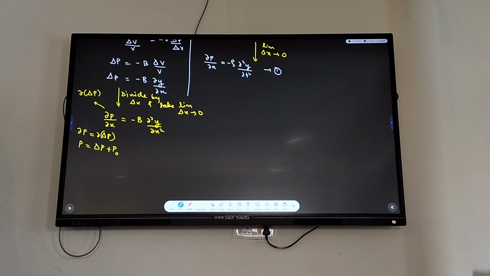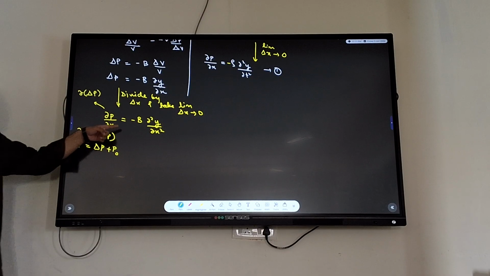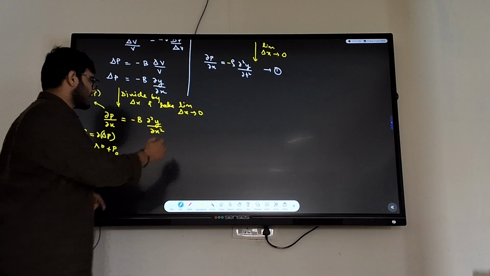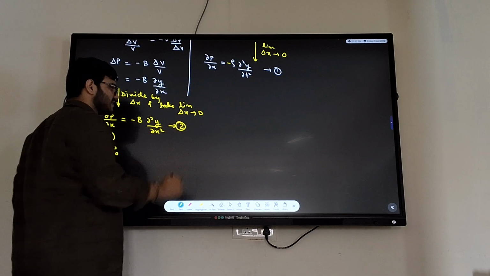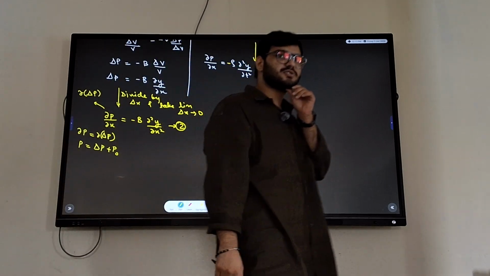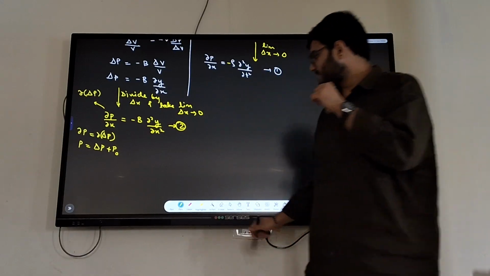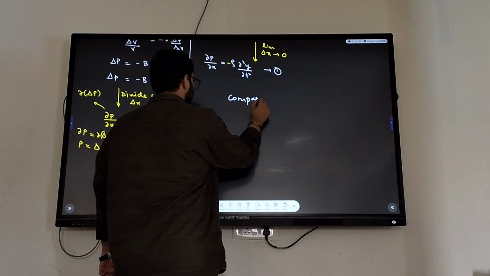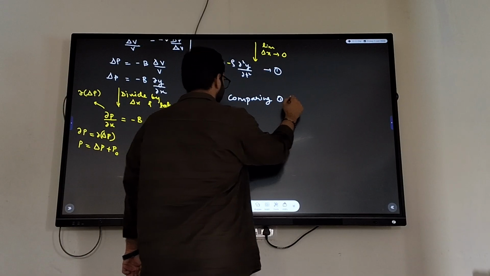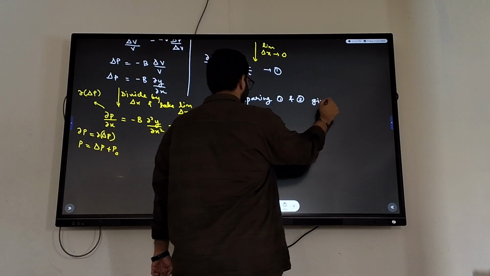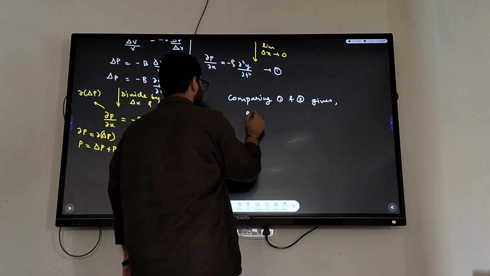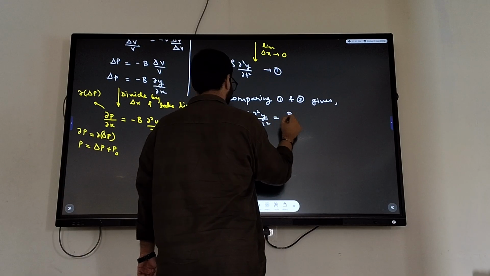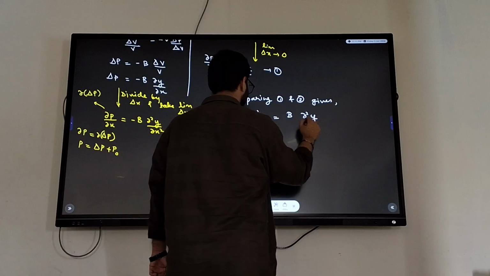I found one more equation of del p by del x. Since the LHS of both the equations are the same, the RHS should be the same as well. Comparing 1 and 2 gives rho del 2 y by del t2 equals B del 2 y by del x2.